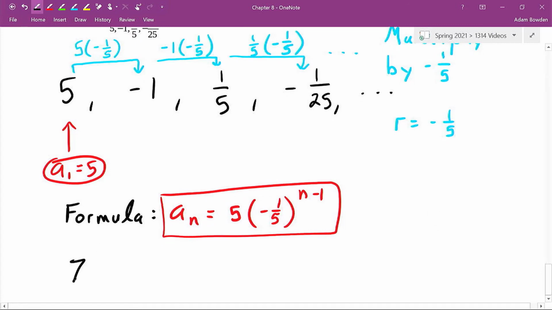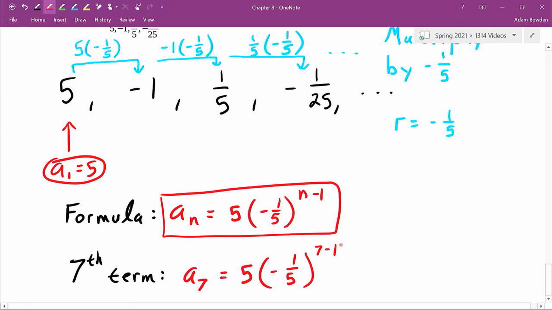And then we'll go ahead and use that to find the seventh term of the sequence. So a7 would be equal to 5 times -1/5 to the 7 minus 1 power, or 5 times -1/5 raised to the 6th power.